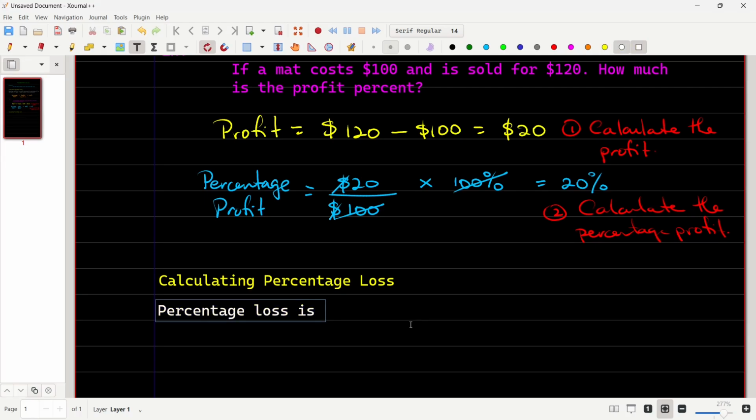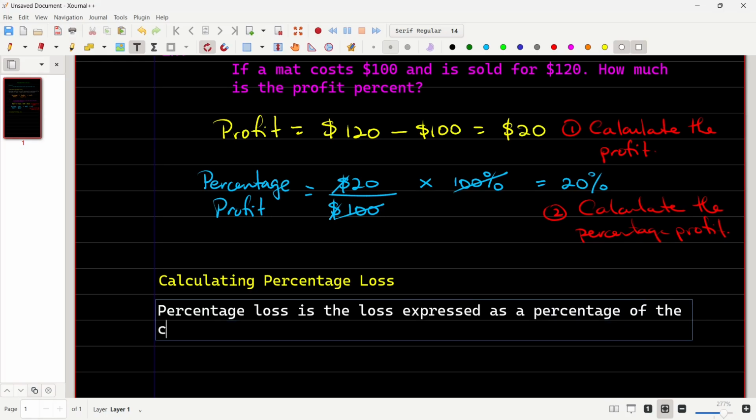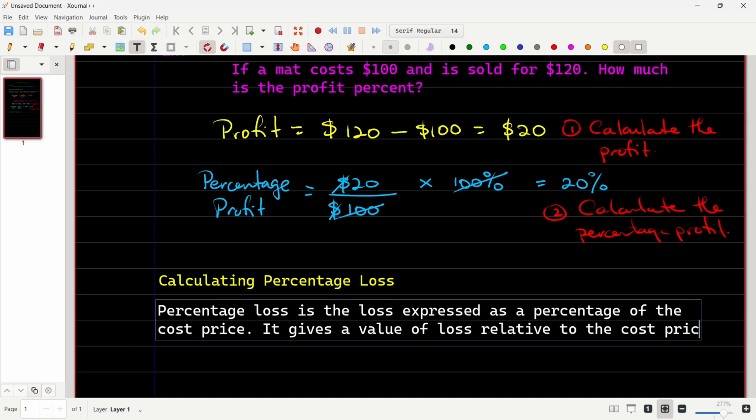Percentage loss is the loss experienced, expressed as a percentage of the cost price. It gives a value of loss relative to the cost price.